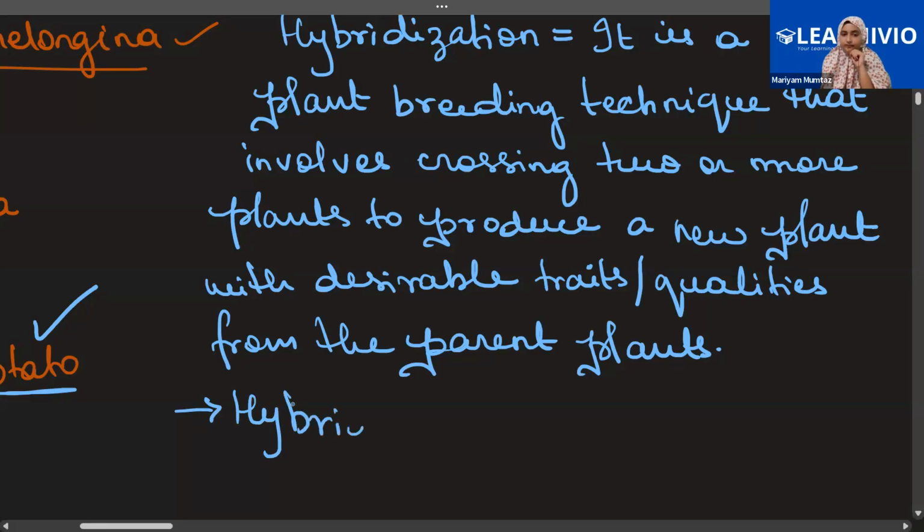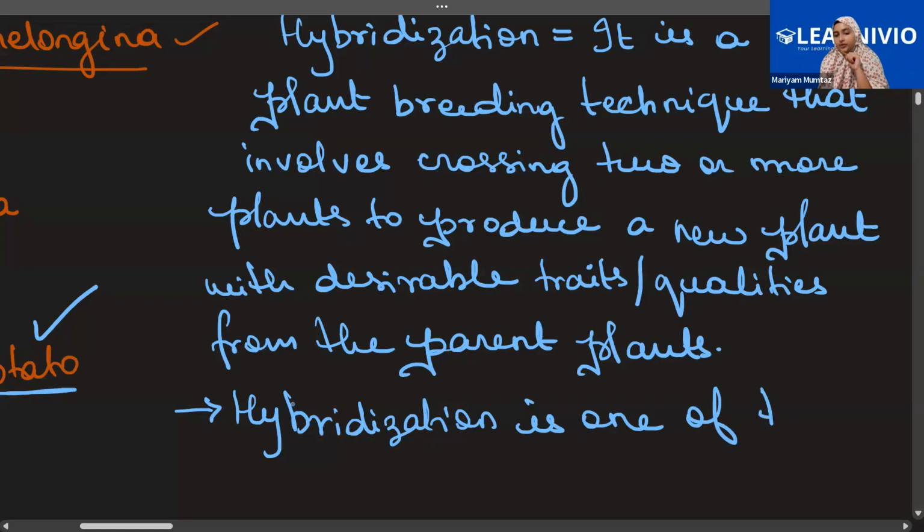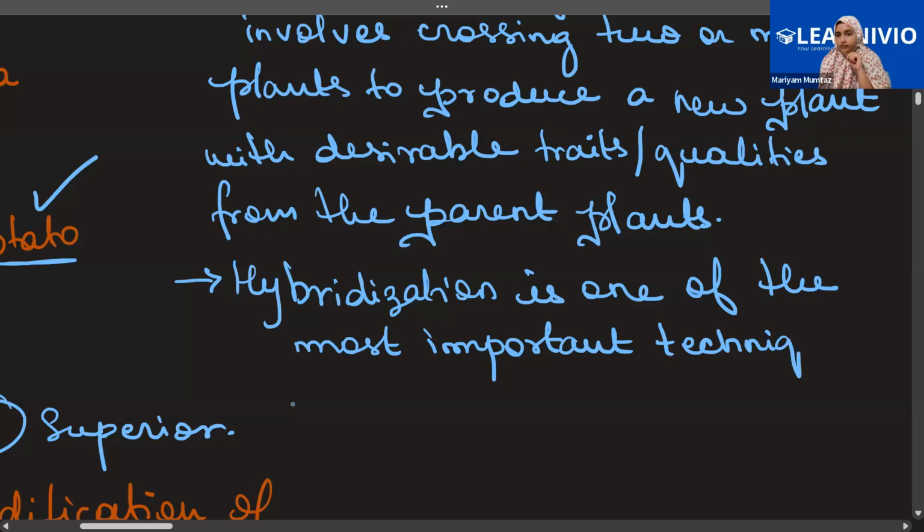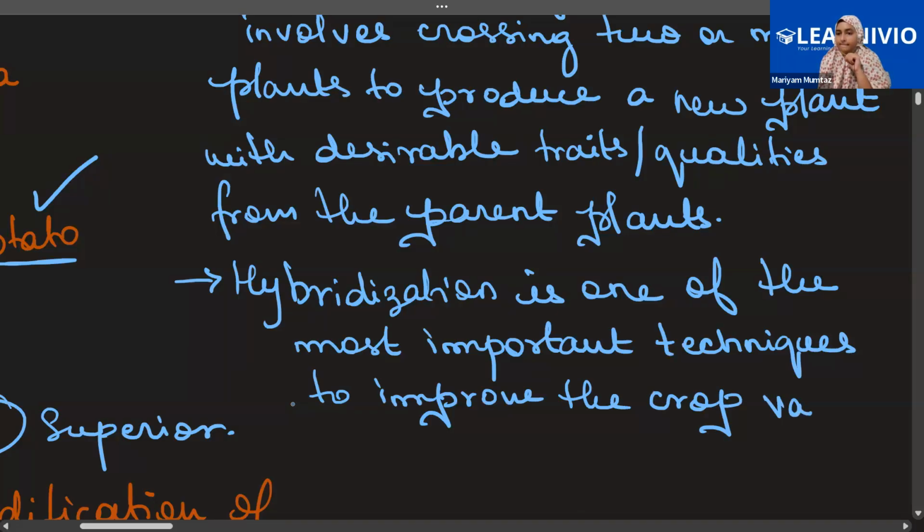So hybridization is one of the most important techniques to improve the crop variety. This is what it is. Now, any doubts up until now, students?